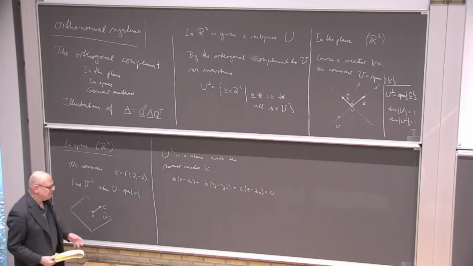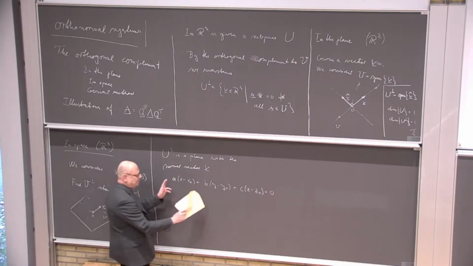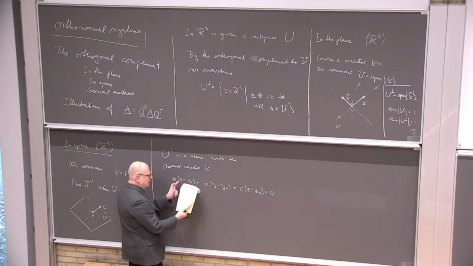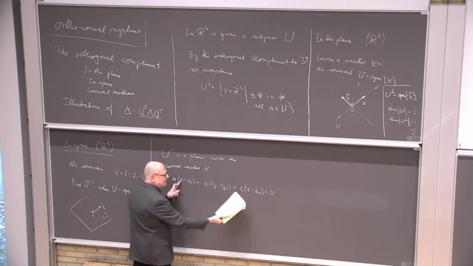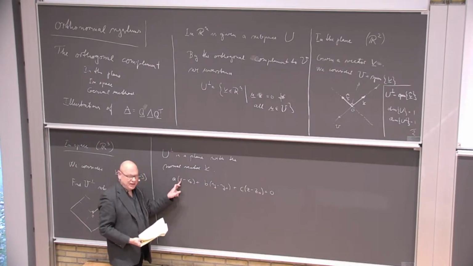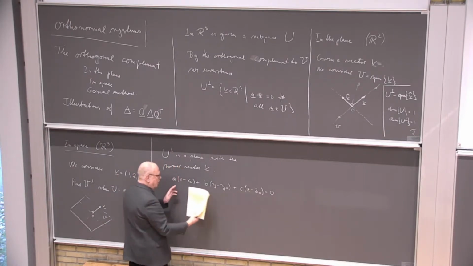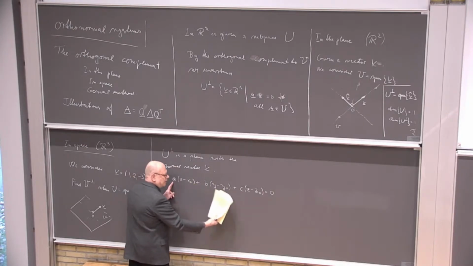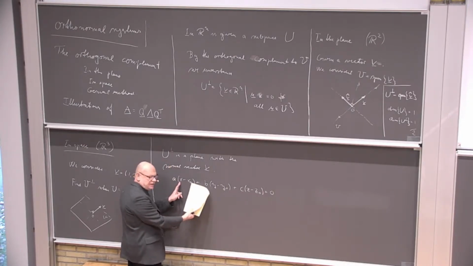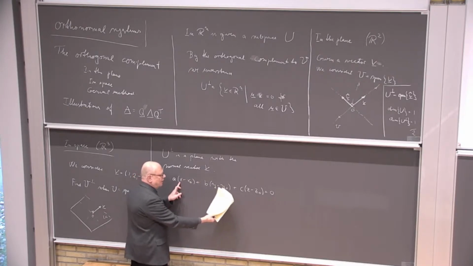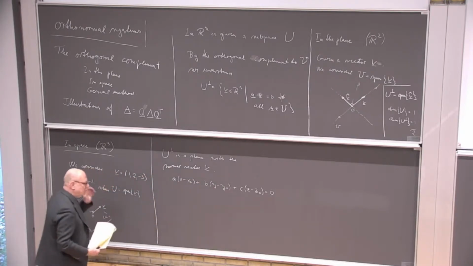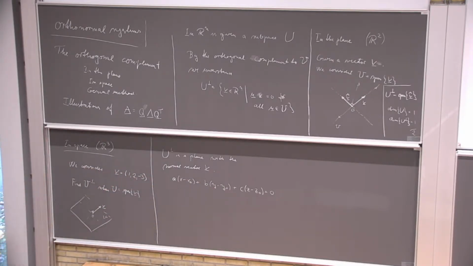You can see it because if you take x, y, and z as a running point in the plane, then this is just a scalar product of the normal vector a, b, c times a vector in the plane if x, y, z is in the plane. So this is the equation for the plane.